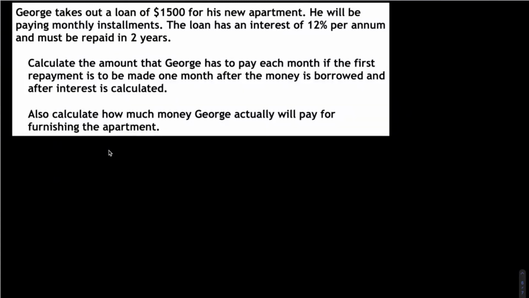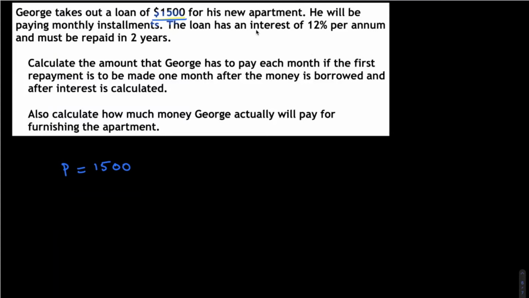All right. So the first part of the information that's given to us is that he takes a loan of $1,500. Okay, loan of $1,500. Right. So we can say that 1,500 is the principal amount. So I'm going to label this as capital P and write 1,500. Okay.